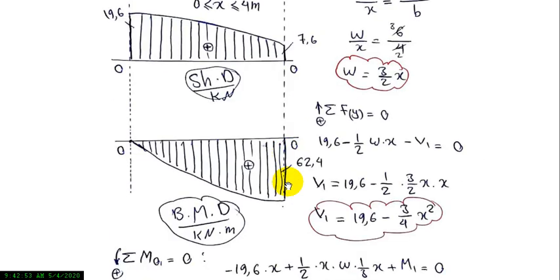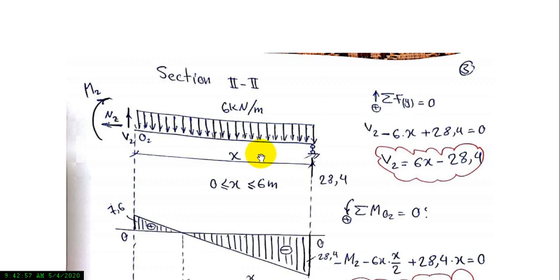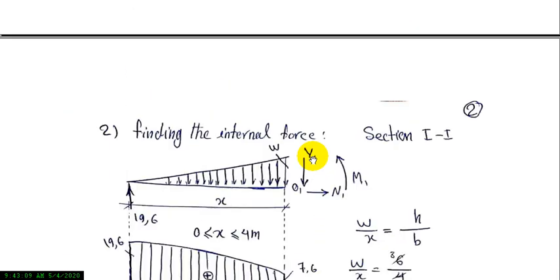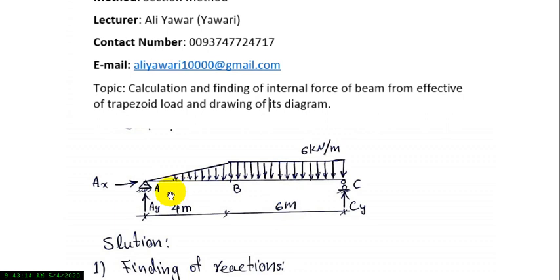So we can take a section from either side that we want, but it's important that you choose the side that's easier or simpler for you. You can calculate this section from the left hand also, but it's a little difficult.